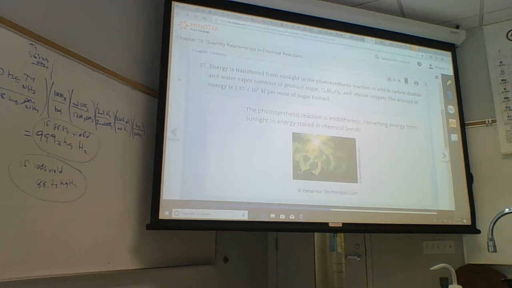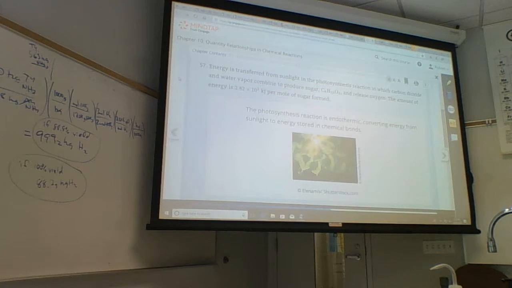Okay, now we've got to balance this. We'll need 6 CO2s, 6 waters, and we're going to form 6 O2s here. Now, usually this is per mole of sugar formed, so we have to make sure we have 1 mole of sugar. If we form 2 moles, then it would be double this amount of energy. 3 moles would be triple this amount of energy. So this would be one way of expressing this, with energy as a reactant.